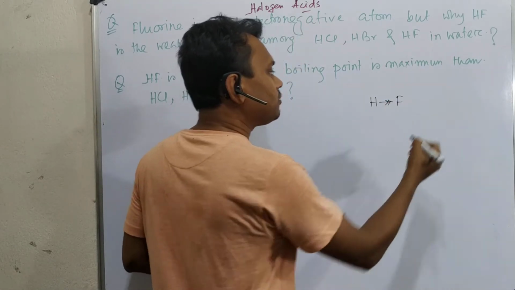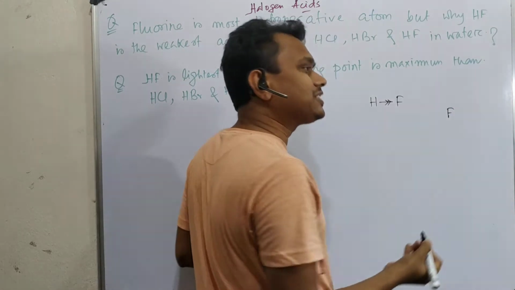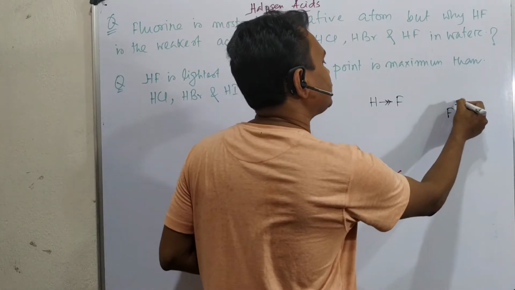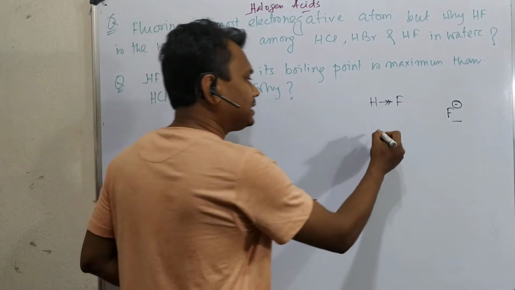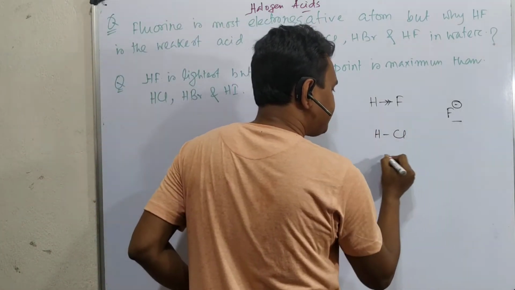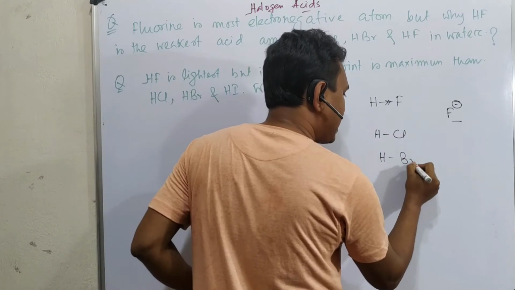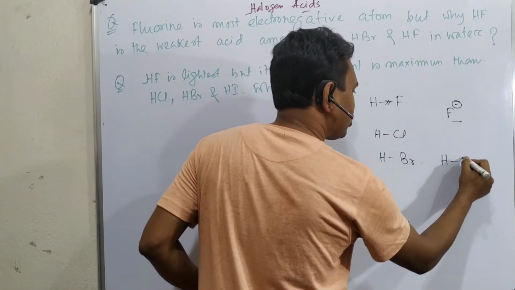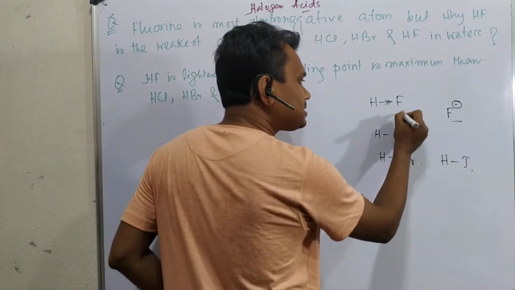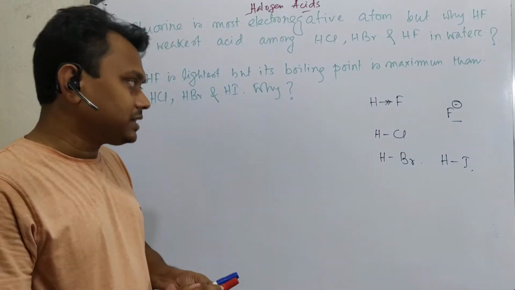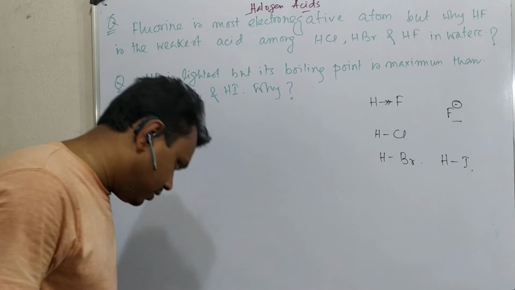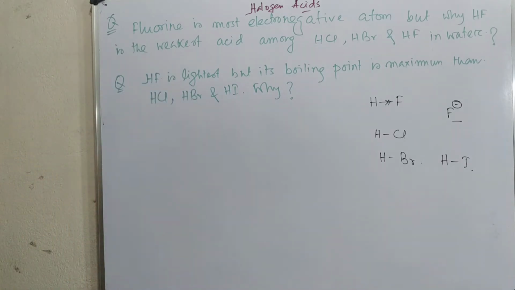Fluorine is very happy to keep the electron on itself, meaning it likes to form F minus. Compared to HCl, HBr, and HI, this is the most electronegative. So if it is most electronegative, then it is expected that this HF bond should be broken very easily.